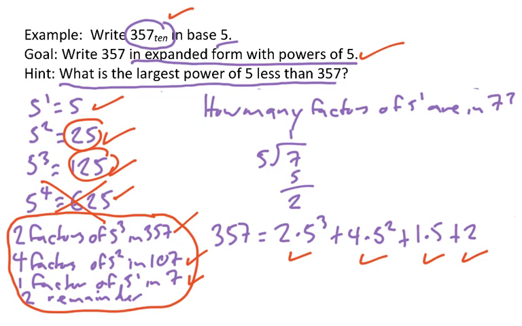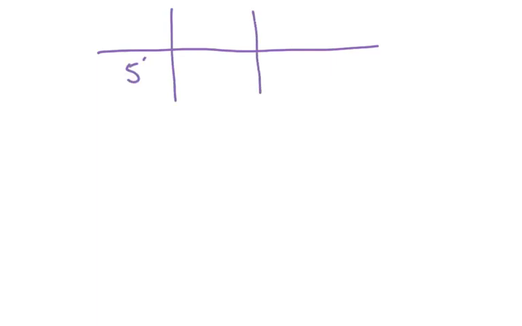Now I'd like to write that in a different but equivalent form by creating a chart which emphasizes how many of each of these different powers of 5 are represented. I'm going to create a chart, and you're going to see what I'm going to do with this later. Let me start here with a free row, and make a column for 5 cubes, a column for 5 squareds, a column for 5 to the 1s, and a column for 1s.